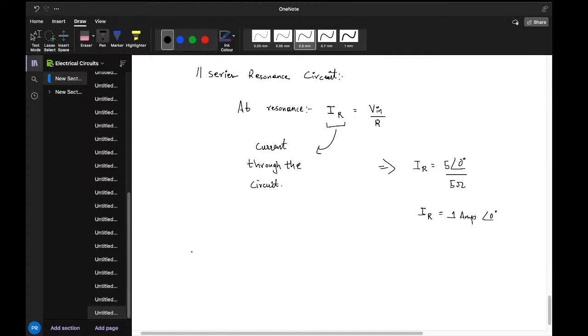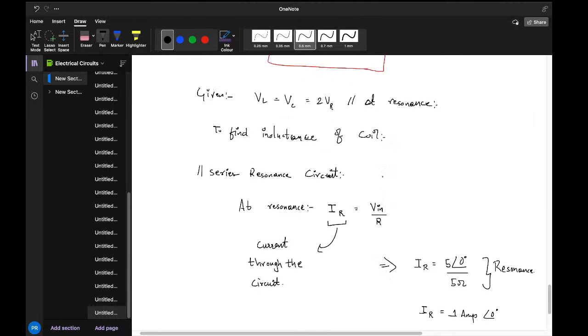So now we're interested at resonance, so this condition is true at resonance. Now we are interested in finding the voltage across the inductor out here, which is 2 times the voltage across the resistor over here.